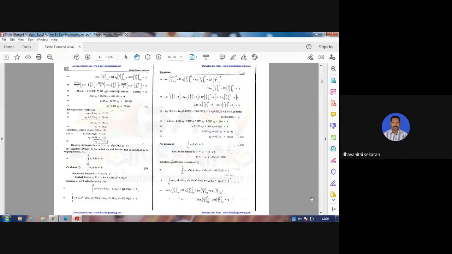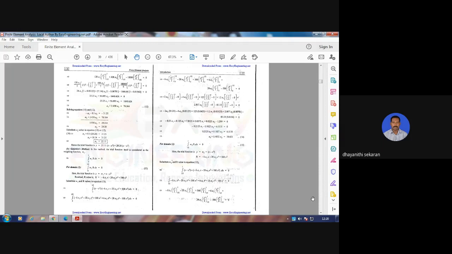Now the Galerkin method: the integral from 0 to 1 of Wi R dx equals 0. So Wi equals the trial function terms, x minus x cube and x minus x power 5, because we need to use two domains. The trial function is a1 (x minus x cube) plus a2 (x minus x power 5). x minus x cube is for finding a1, that is domain 1. x minus x power 5 is for finding a2, that is domain 2.